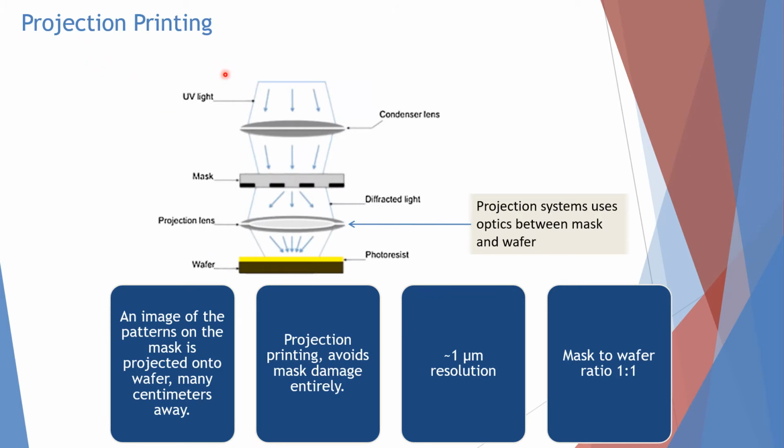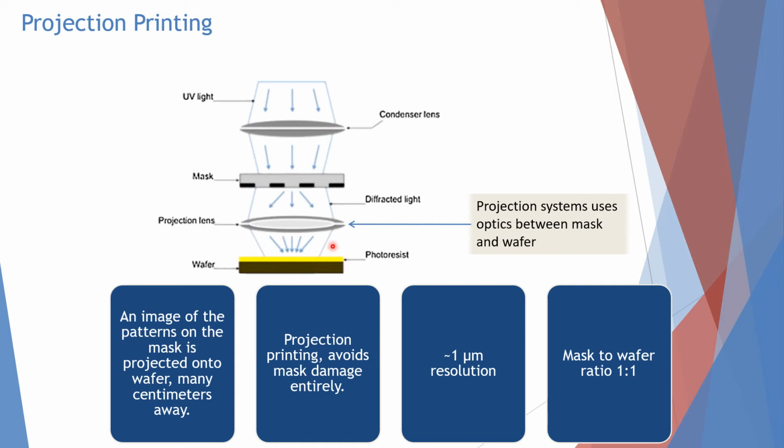So projection printing uses a condenser lens. For example here, the UV light is exposed to the condenser lens. It goes to the mask, and then it will be projected through the projection lens before it goes to the wafer.